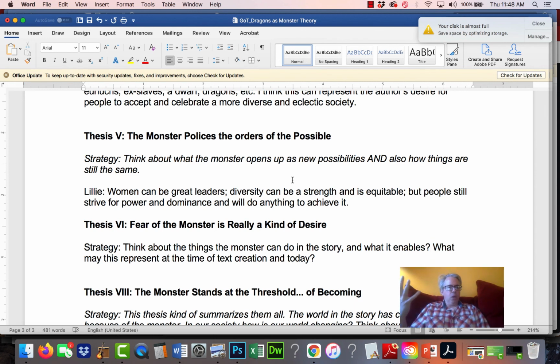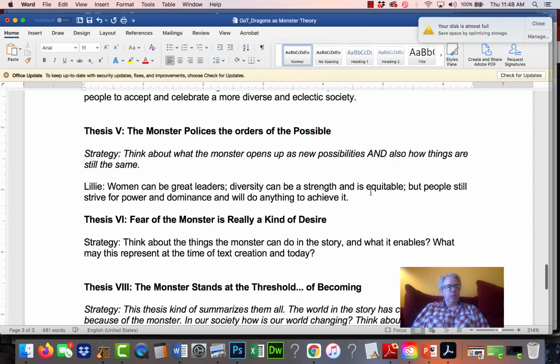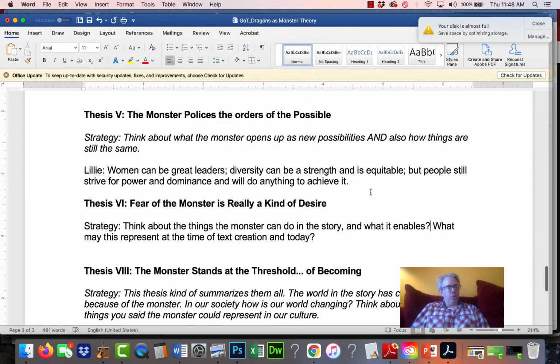They can be very strong leaders. Diversity can be a strength, and is kind and equitable, but still people strive for power and dominance, and will do anything to achieve it, and we see that in the politics and national strife of today all over the world.